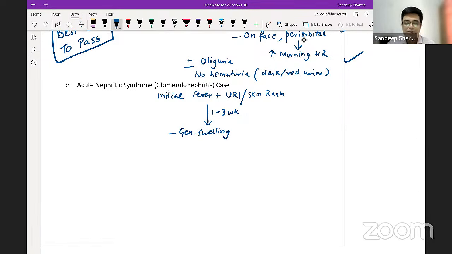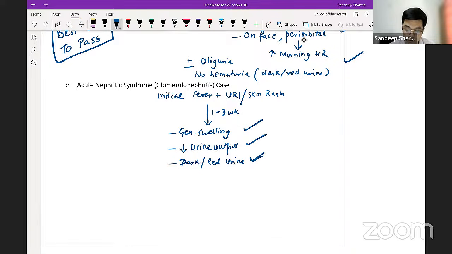Similar to nephrotic, but it may not be that severe. The child will develop reduced urine output, so the oliguria history will be positive. And the child will also have dark or red colored urine being passed. So you have oliguria, edema, and hematuria happening in the patient. The likely diagnosis is going to be acute nephritic syndrome.